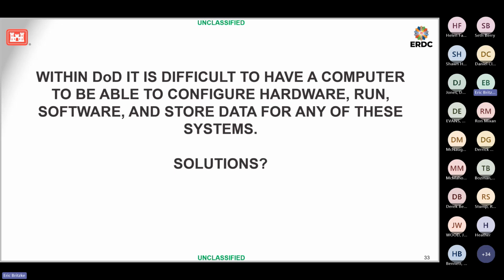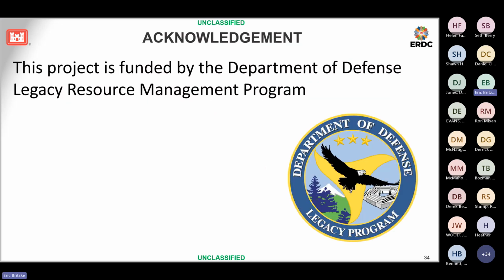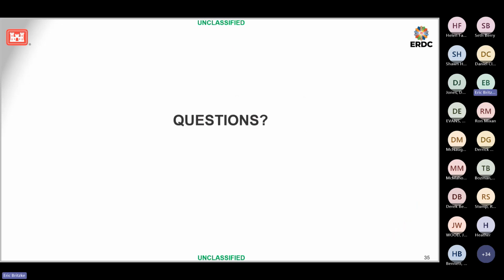We've identified this as an obvious need, and the idea is to make it easier for natural resource folks themselves to be able to do the analysis and interpretation, rather than having to contract everything out. This project was funded by the Legacy program. And with that, I'll be happy to take any questions.